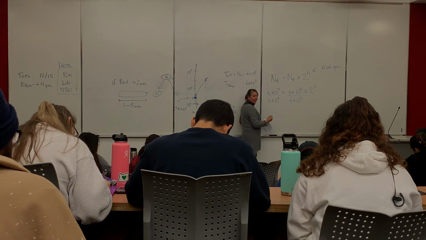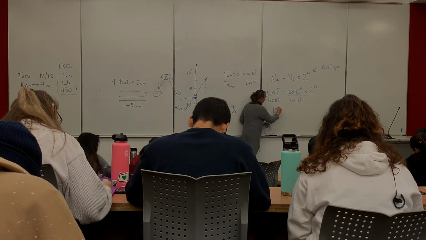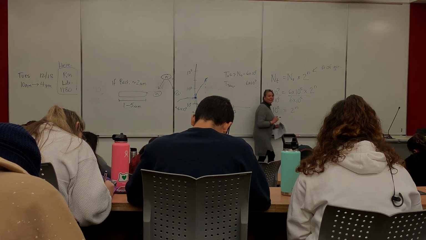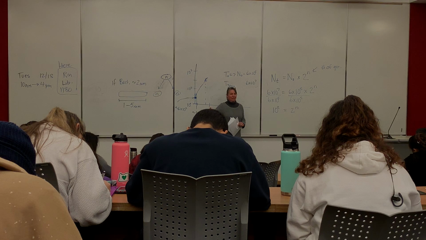And then you would have 10 squared. The 6's are going to cancel. So you can say 10 squared equals 2 to the n. And remember, to get rid of the exponential, you can take a log function.